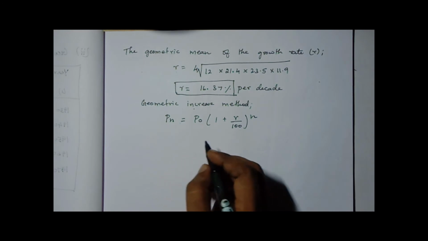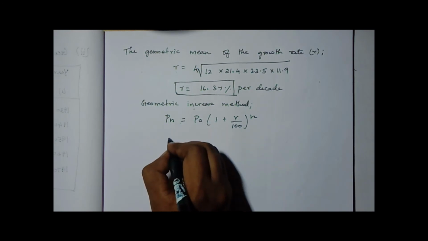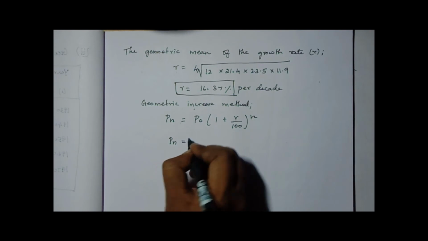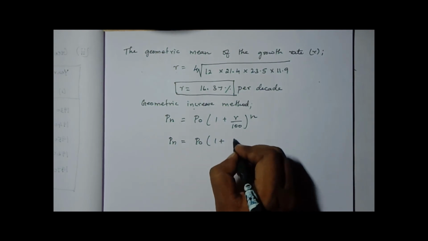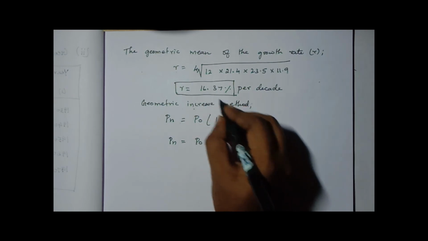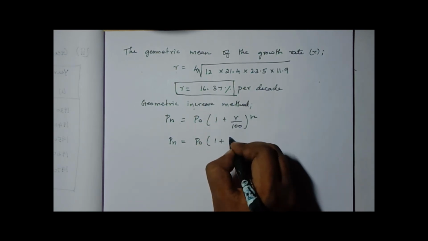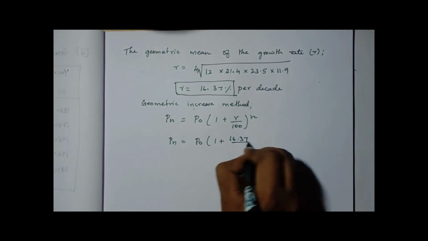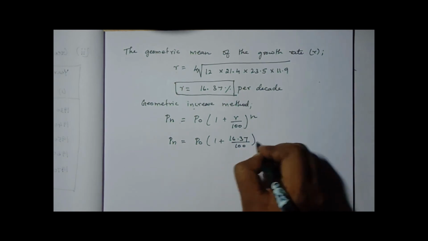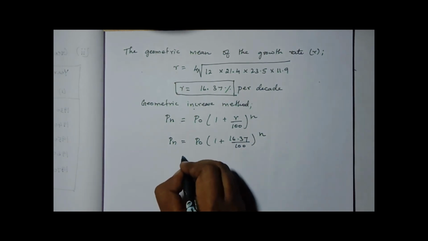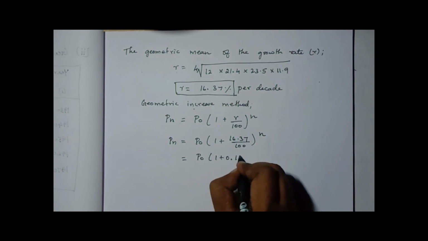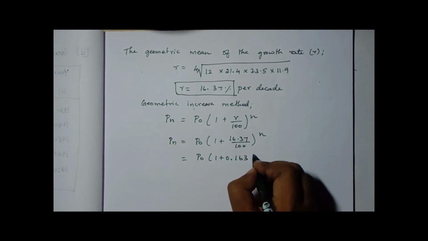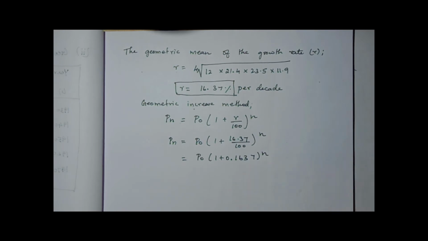So we'll have a formula like this: Pn is equal to P naught (1 plus 16.37 divided by 100), which is P naught (1 plus 0.1637) to the power n.